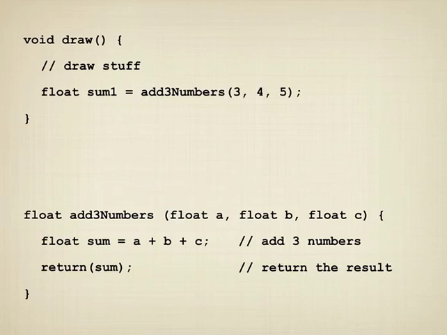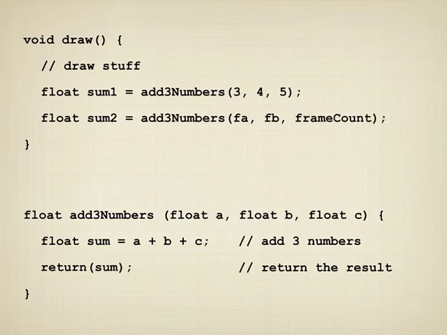Now it goes back up to the line where we called it, float sum1 equals add three numbers, and it says, okay, now I have a number I can stick into sum1. And it's the number 12, 3 plus 4 plus 5. If we want to add up three different numbers, we can call add three numbers again and again and again with any variables we want.